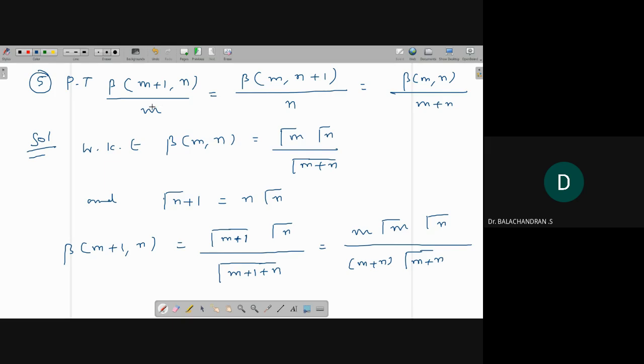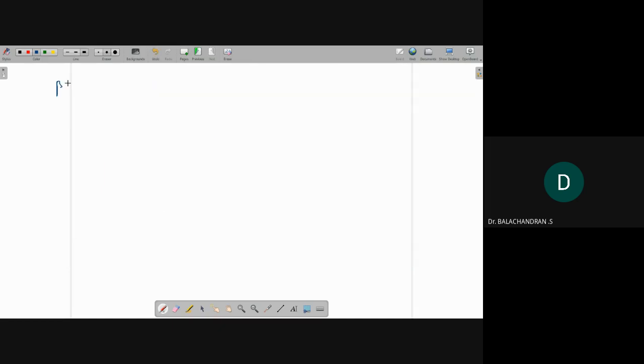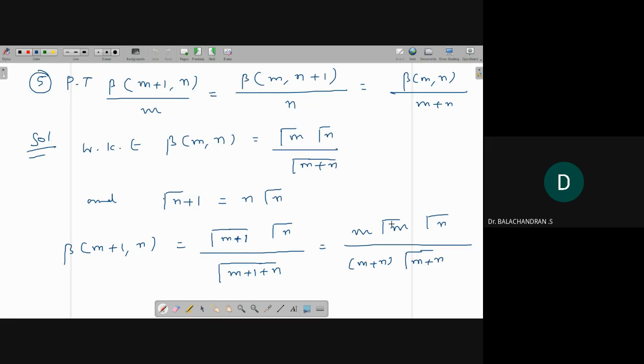I need the denominator with m, so I will write this m here. So beta of m plus 1 comma n by m is equal to, and the remaining portion is what?